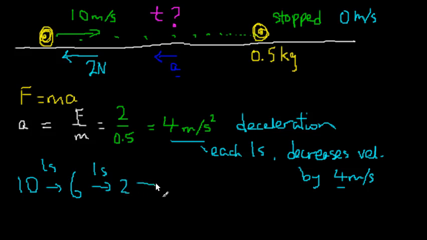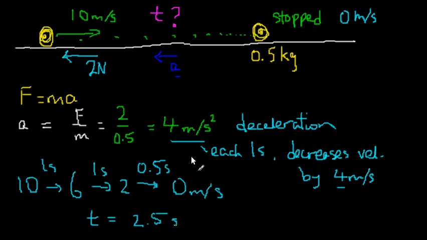So how much more time would it take to decrease to 0 meters per second? Well, 1 second decreases by 4 meters per second, so it'll be half a second. So in another 0.5 second, 2 will decrease to 0. So clearly it is 1 plus 1 plus 0.5, and t has to be 2.5 seconds.